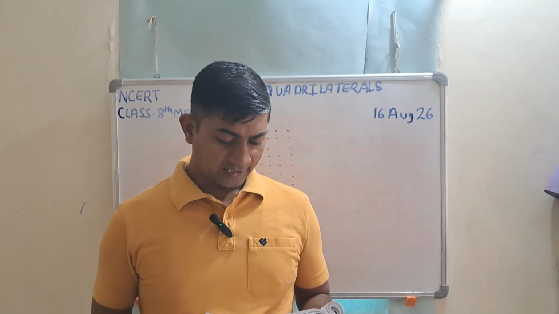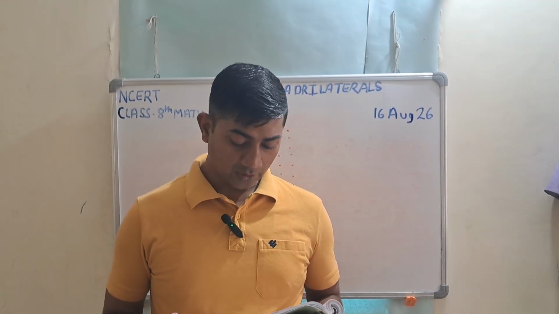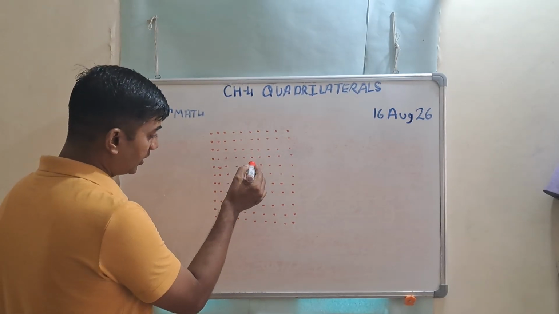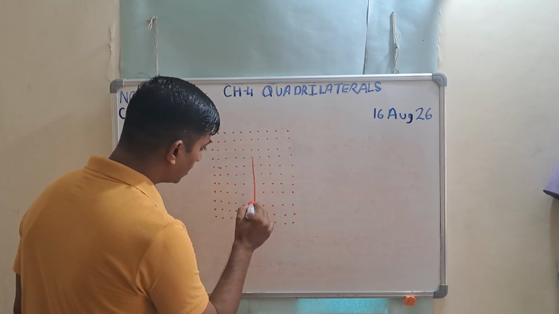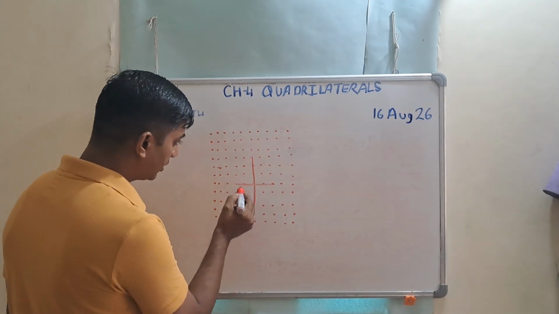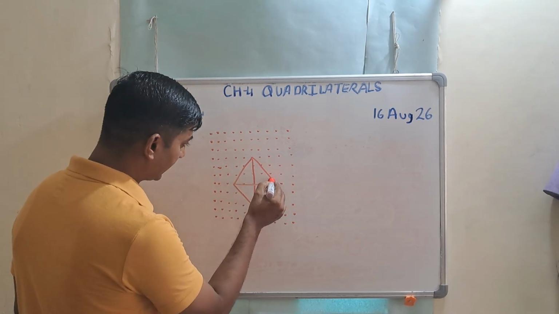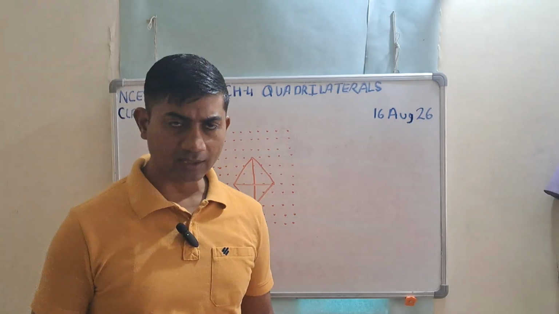What they are saying is: place two rubber bands perpendicular to each other, forming diagonals of equal length, and join the ends. Means just join these 2 points, understood, and one rubber band like this, then join the end points. Then you have to observe what specific type of quadrilateral you observe.